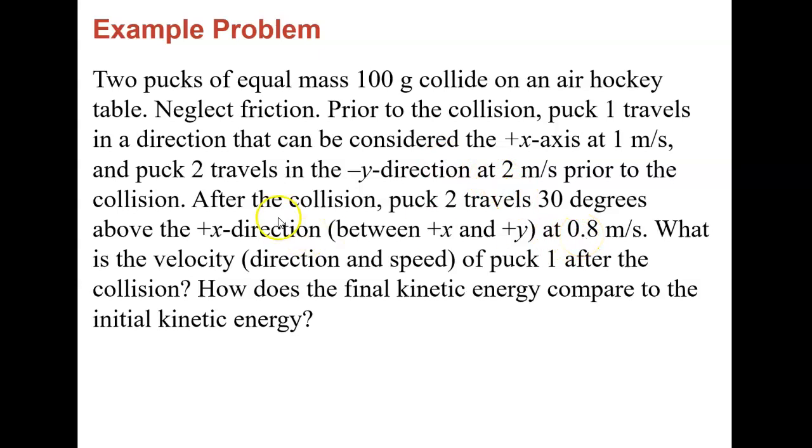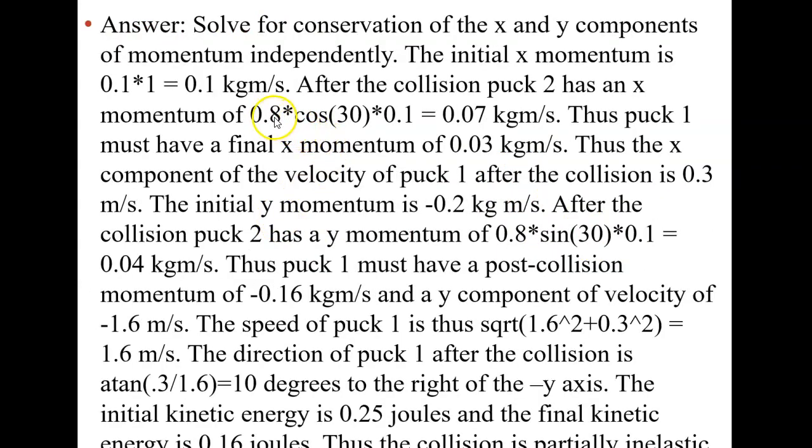Okay, 30 degrees. So this is your hypotenuse. You have to figure out the cosine to get your x component, times your mass, which gives 0.07 kilograms times meters per second. So puck 1 must have a final momentum of 0.03 kilograms times meters per second. Why? Because the first puck had the total x momentum of 0.1.